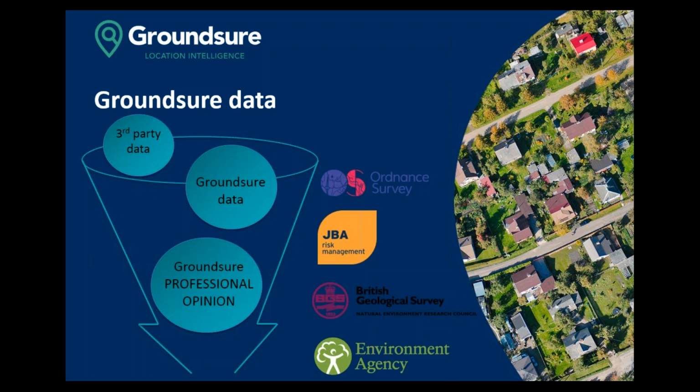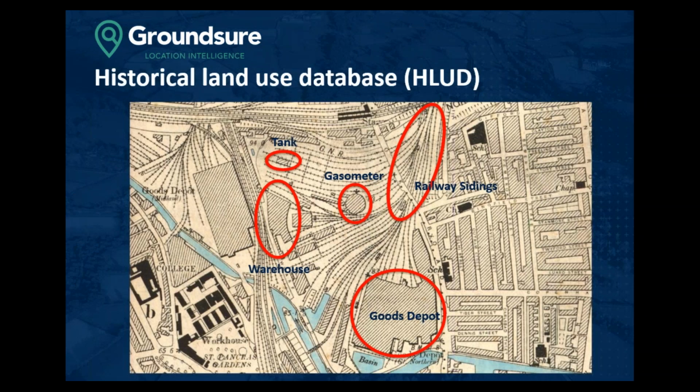To identify historic contamination, we use a number of data sets and a combination of our data sets in addition to third-party data sets, plus our environmental consultant's professional opinion. Now, ensuring that we take into account different types of data sets when it comes to contaminated land is crucial in being able to paint a more complete picture and be able to assess risk as quickly and accurately as possible.